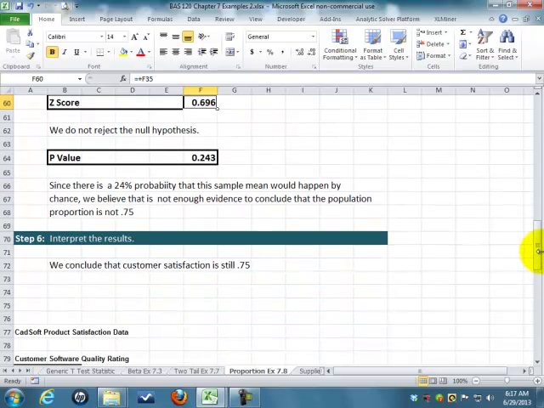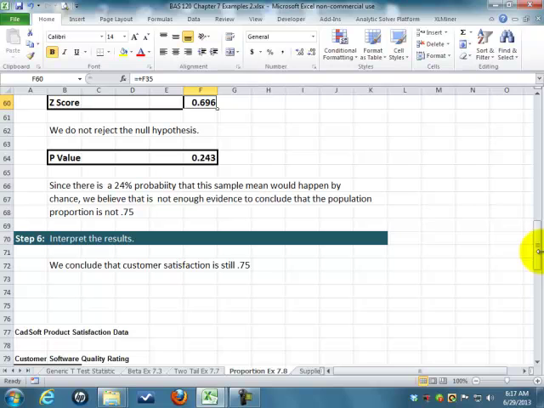Now, just like the other examples we've gone through, you do have evidence that customer satisfaction's improved, so you'd probably want to do some additional testing, additional sampling, because again, just like the legal analogy, we have evidence this guy's guilty, but I don't think we have enough evidence to prove it in court.